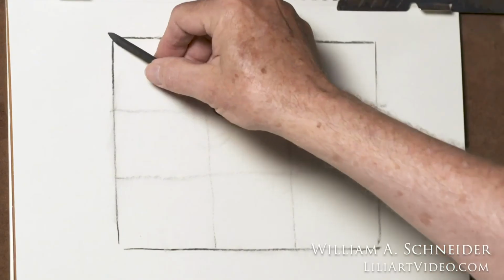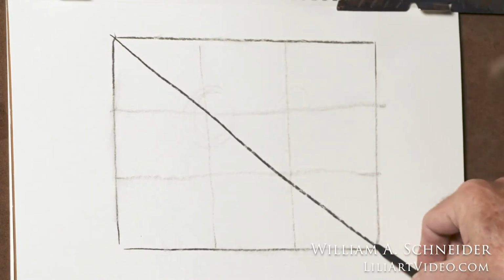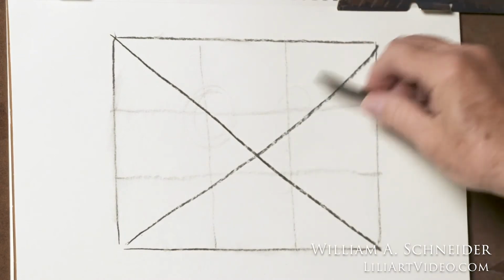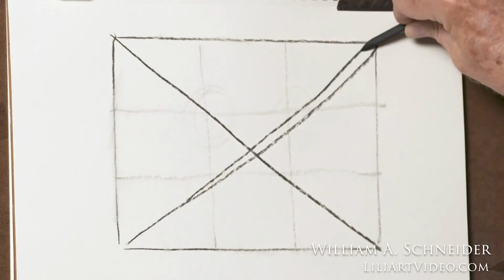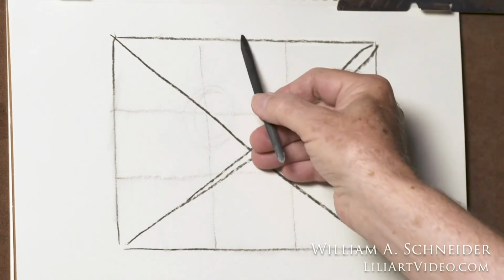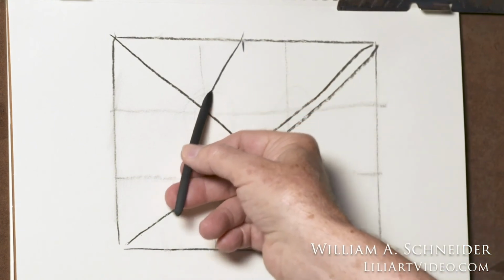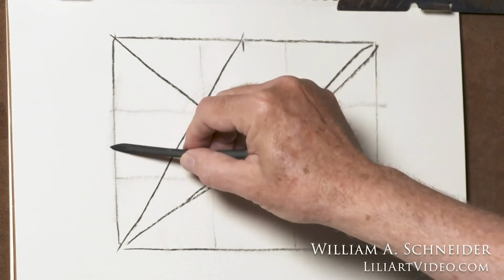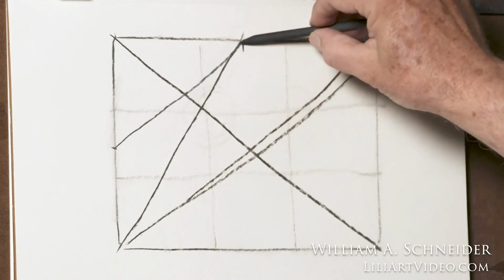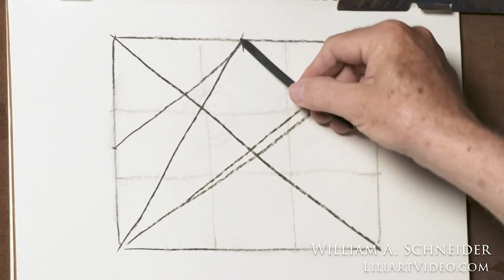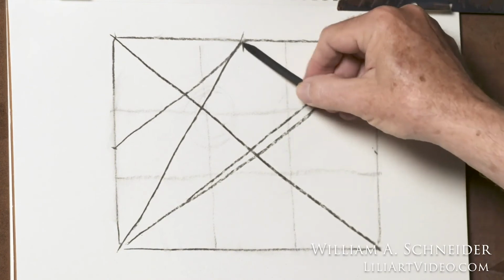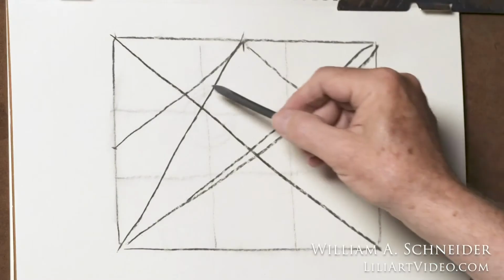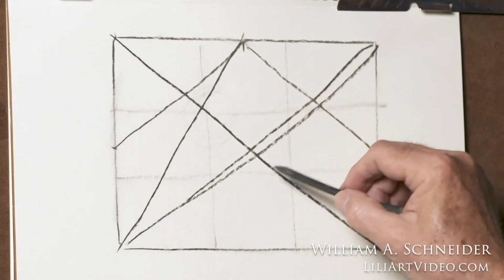So the armature of the rectangle, if you draw lines from corner to corner, probably could have been a little straighter, corner to corner, and from center to corner, and center to center, any of the intersection points can theoretically be a place to put a center of interest. Intersection points or areas bound by intersection points.